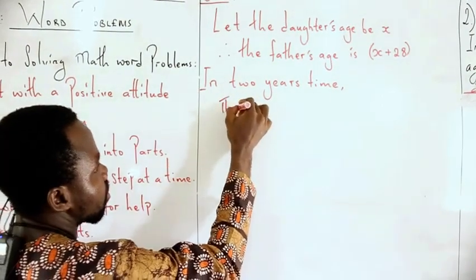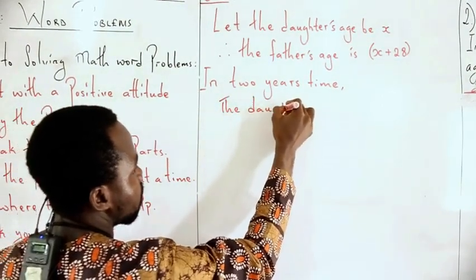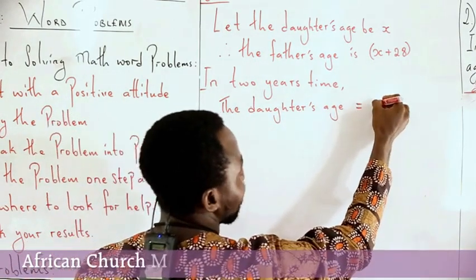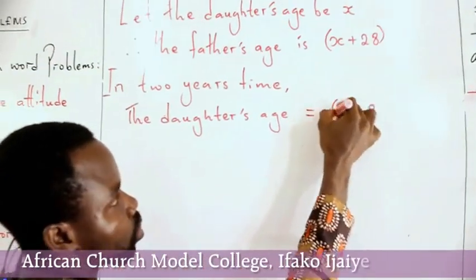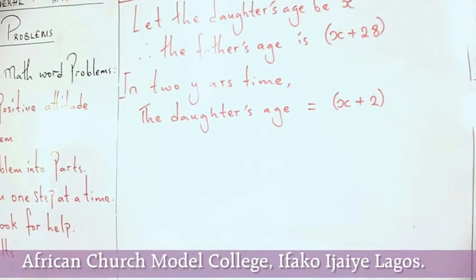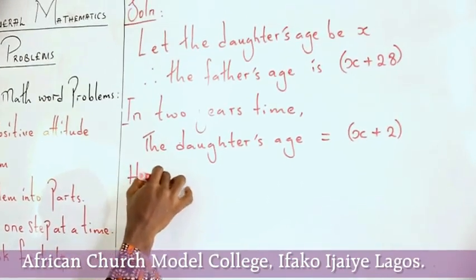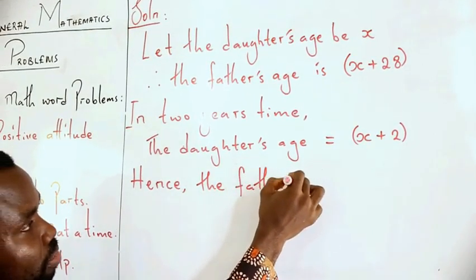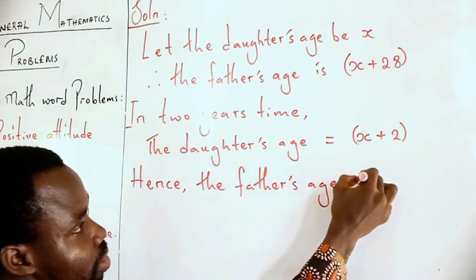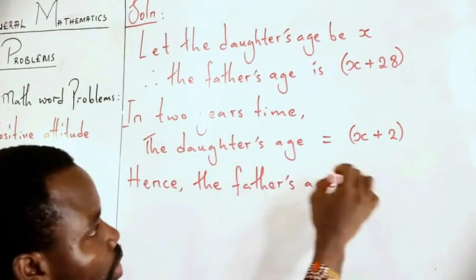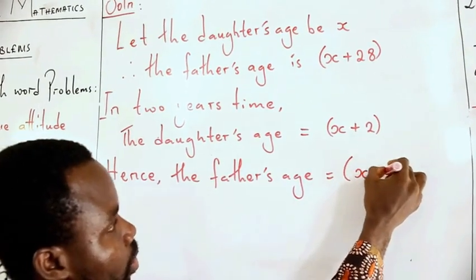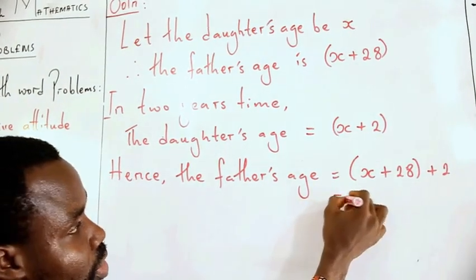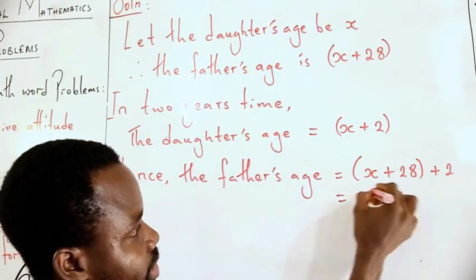The daughter's age equals x plus 2. Hence, the father's age will also be x plus 28 then plus 2, which should give us x plus 30.